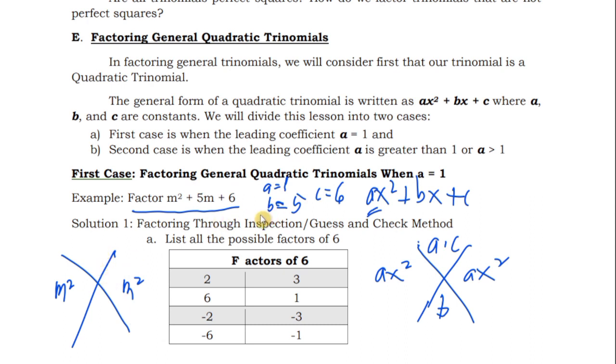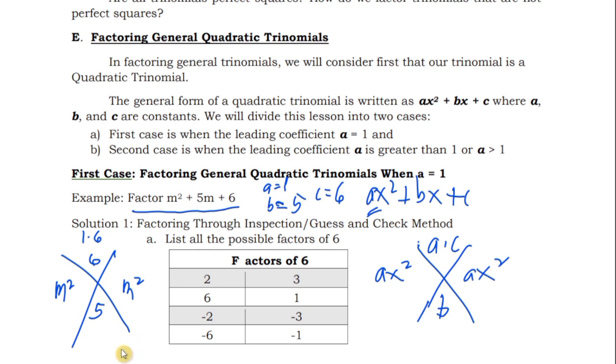So we have here a times c. To get the upper portion, the product, we multiply a and c. So 1 times 6 is 6. Then copy the 5. That is how we cater with the given problem that we have.